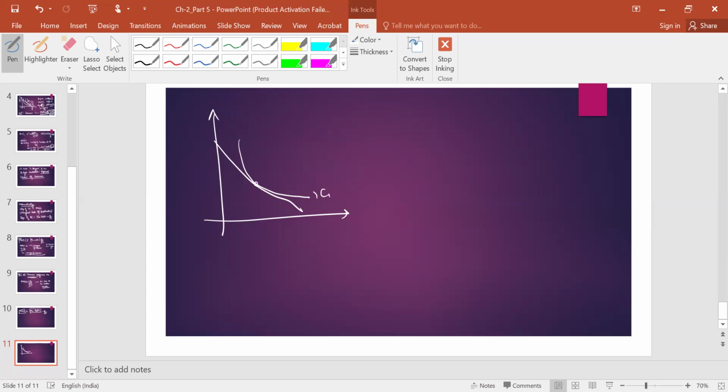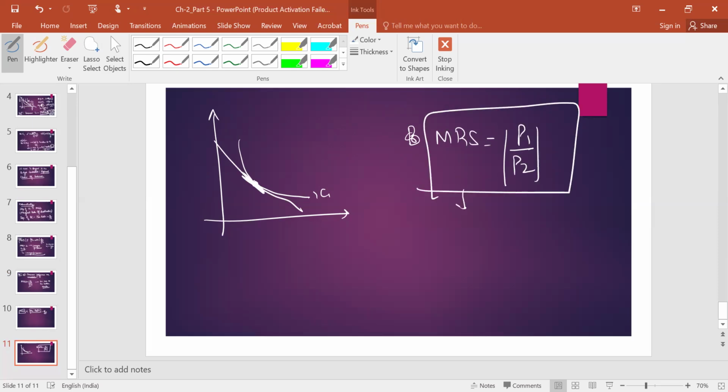The point where the slope of the indifference curve and the slope of the budget line are the same. That means the MRS is equal to P1 by P2, the price ratio. All right. So at that point, the consumer can get an optimal bundle.